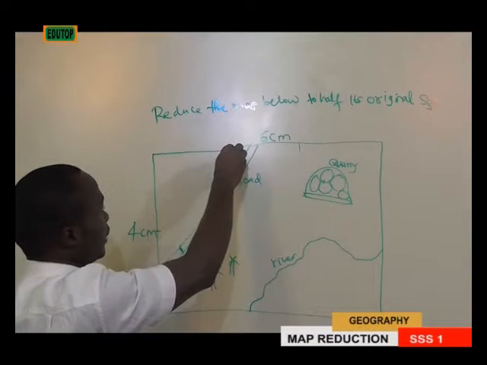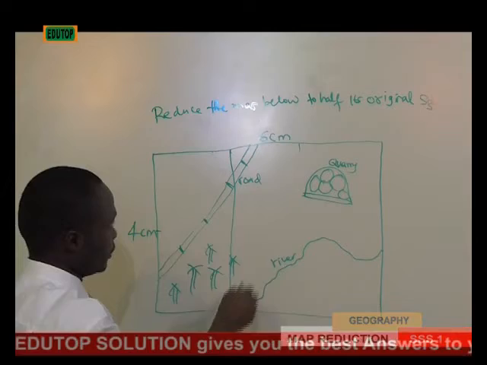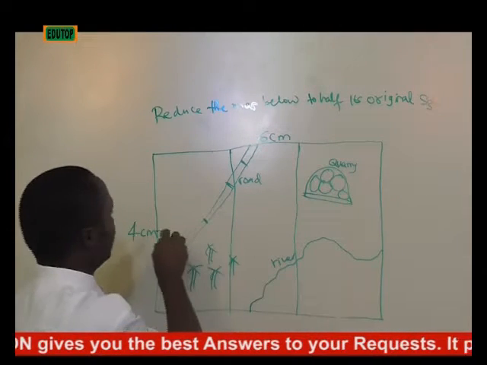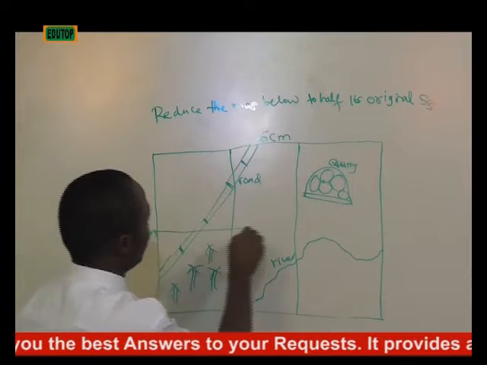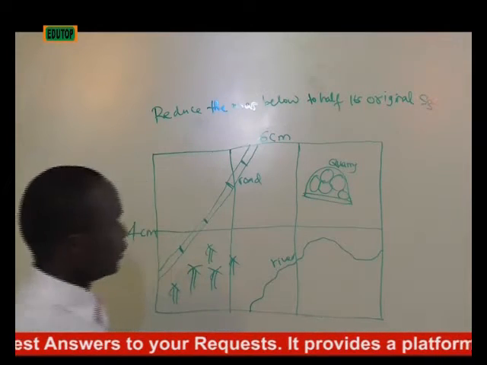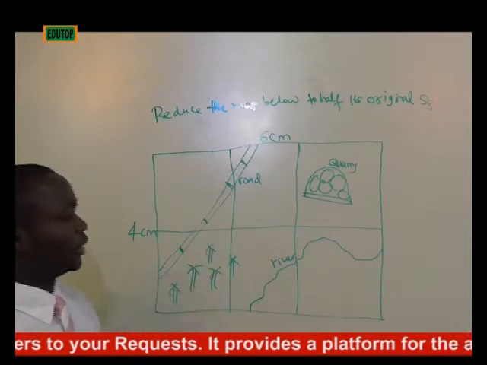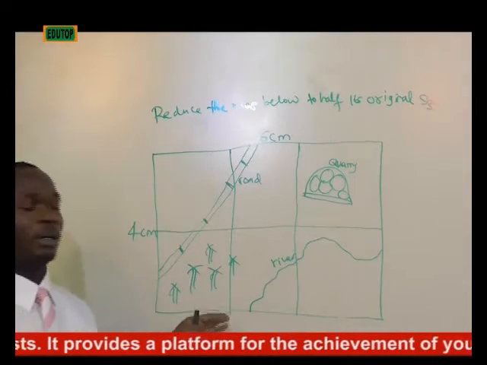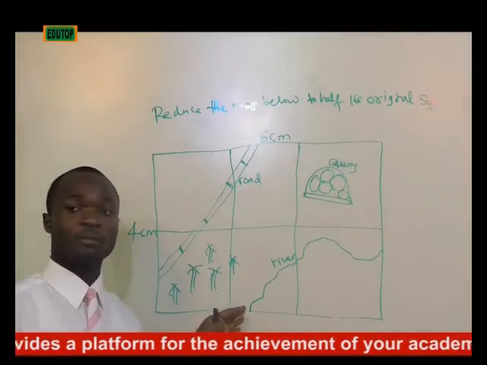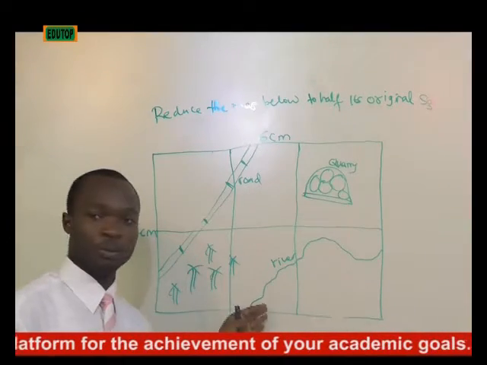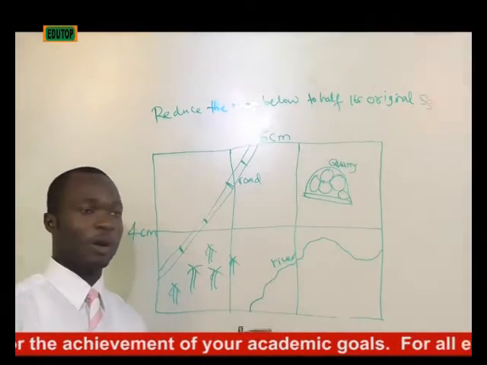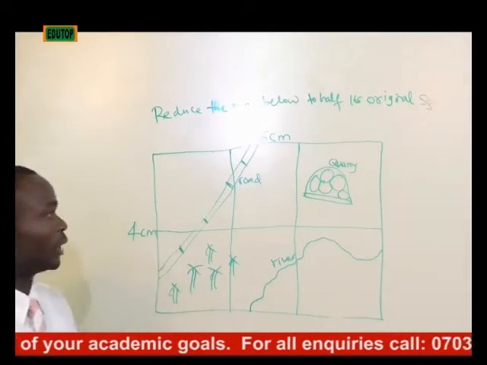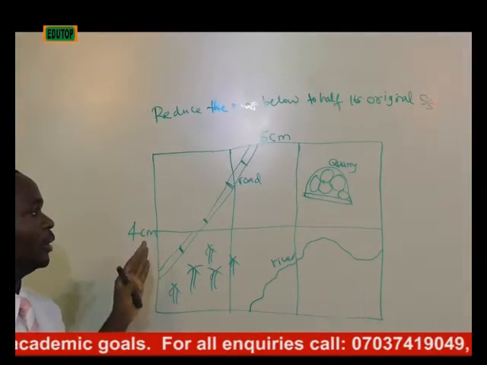You now extend it down. Having done this, you have gridded the map, meaning you have concluded step 2 of the steps involved in reducing or enlarging a map. But in this case, we are talking about map reduction.